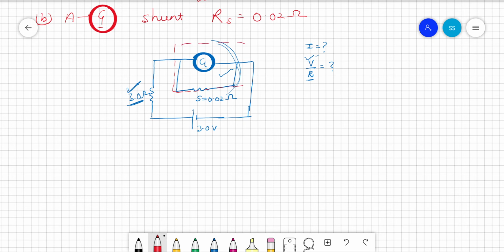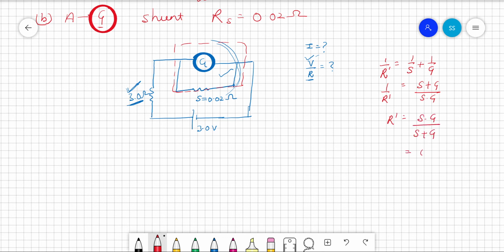We say that 1 by R dash, that is the effective resistance, equals 1 by S plus 1 by G, because they are connected in parallel. So can I say it is S plus G divided by S into G? So R dash equals S into G divided by S plus G.